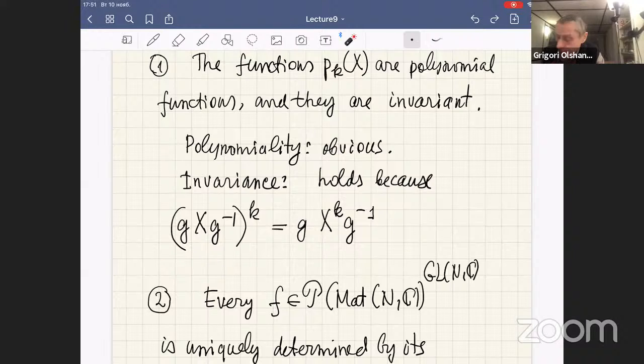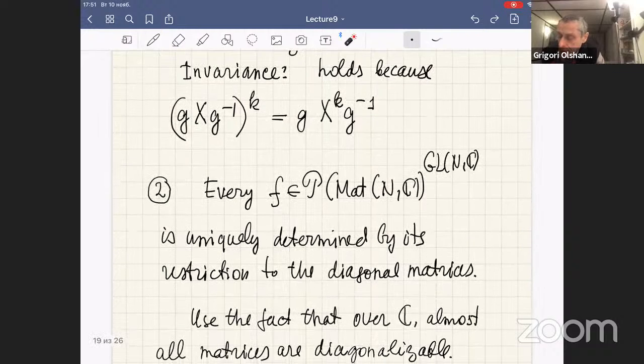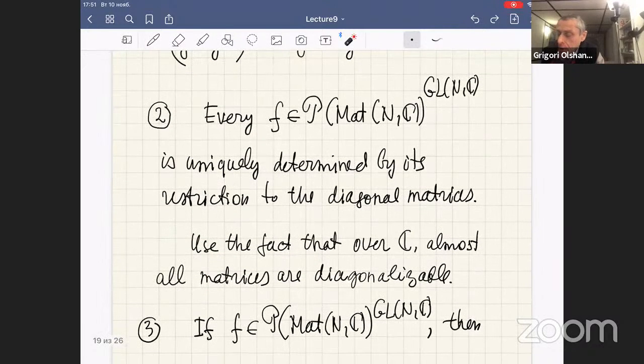The next observation is that if we have some element which is an invariant polynomial, then it is uniquely determined by its restriction to the subspace of diagonal matrices here. Why? This holds because we are over the complex field, and almost every matrix over the complex numbers can be reduced by conjugation to the diagonal form.